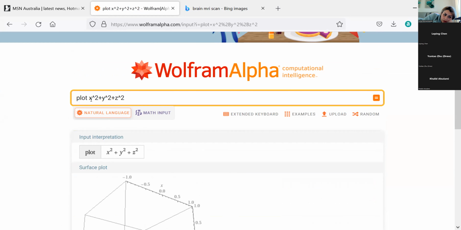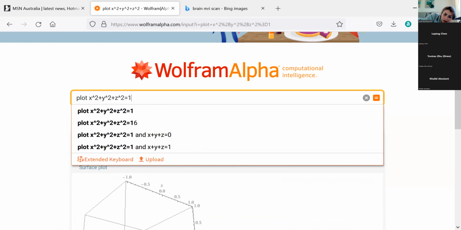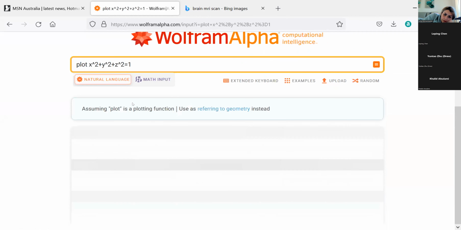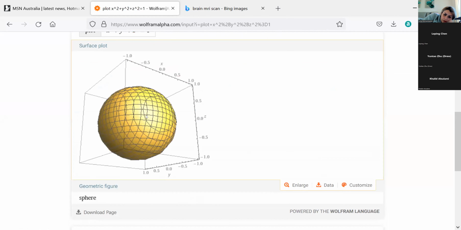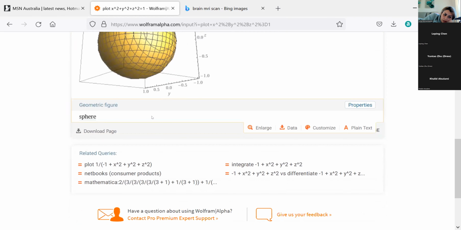x squared plus y squared plus z squared, or for example, I put equal to 1. Look at here. It gives you a sphere whose radius is 1. As you can see here, the level of the surface is 1.